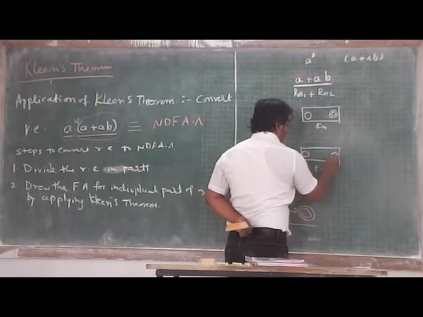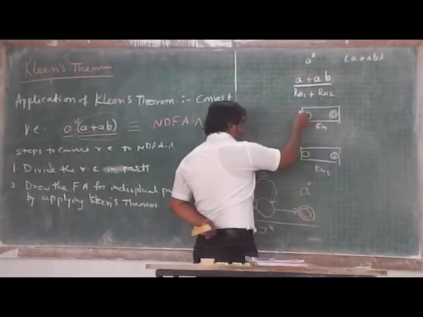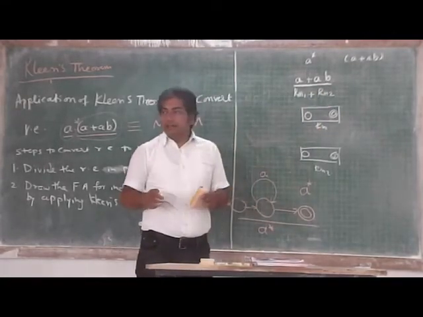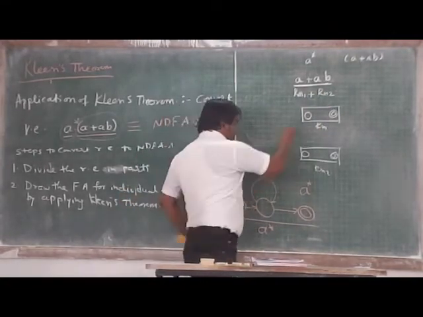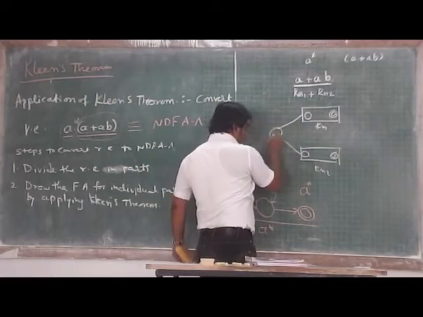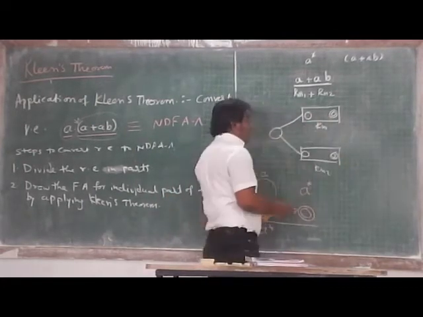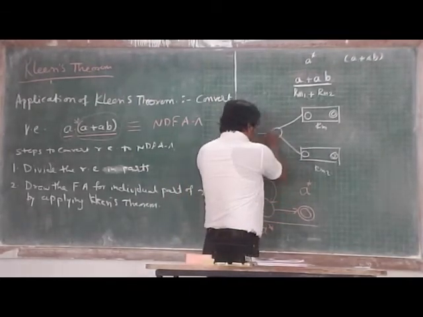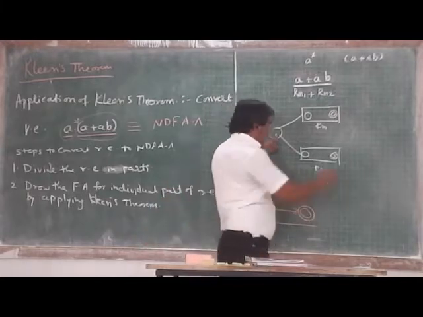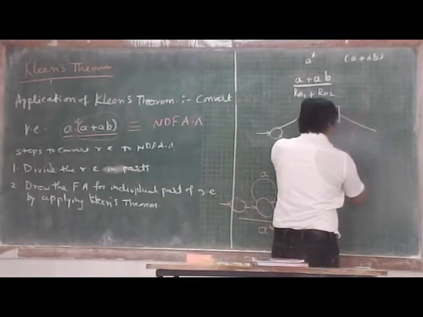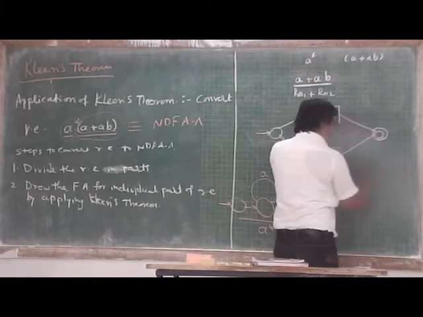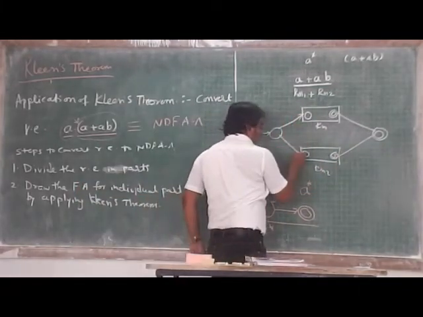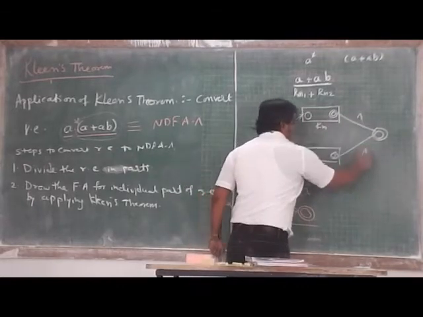This is the initial state. This is the final state. Since these two regular expressions are combined by the OR operation, we had parallel lines and these were connected. The start state of Rn1 and the start state of Rn2 were tied to a start state, and the final state of Rn1 and the final state of Rn2 we tied together to a final state. And all these transitions we consider as null.